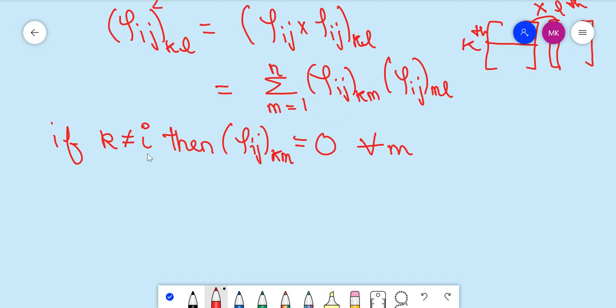I said ith column, I meant the ith row. You get the idea, right? Because again in this example, let's say this is the row where we have that 1, but you're not even in this row. That row is entirely full of zeros, so you would always get a 0 as that product. So now we've automatically proven this for all those cases where k is not equal to i.